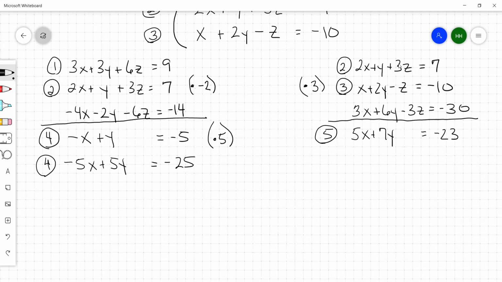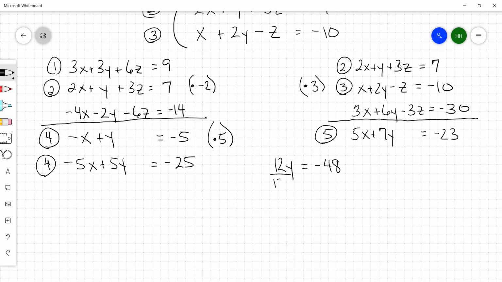I'm going to combine my new 4 with 5. And when I do, negative 5x plus 5x is nothing. I got a 5y plus a 7y. What does that give me? 12y. And that's equal to a negative 25 and a negative 23. That's negative 48.